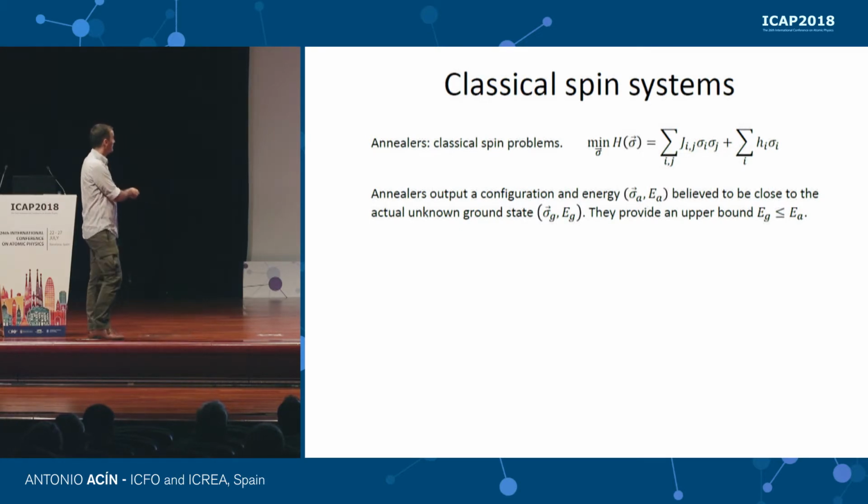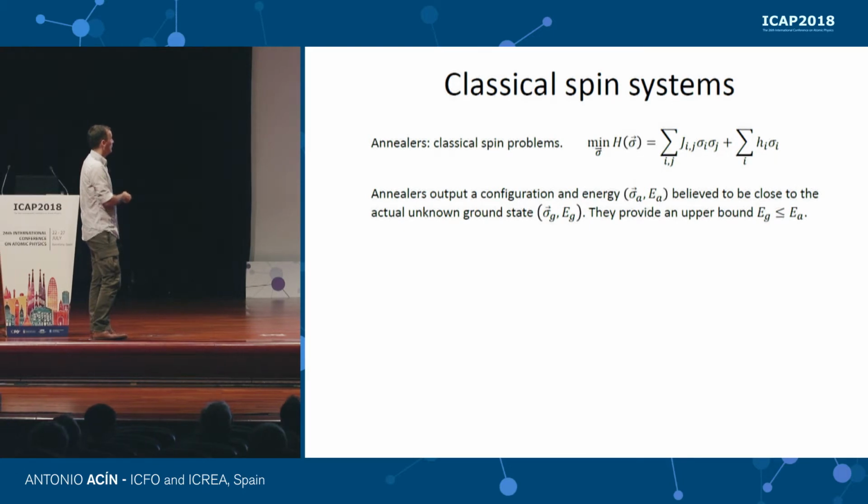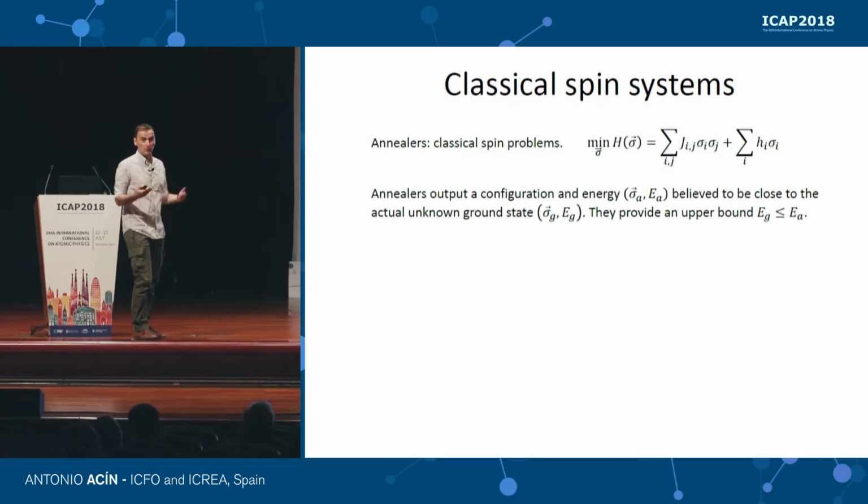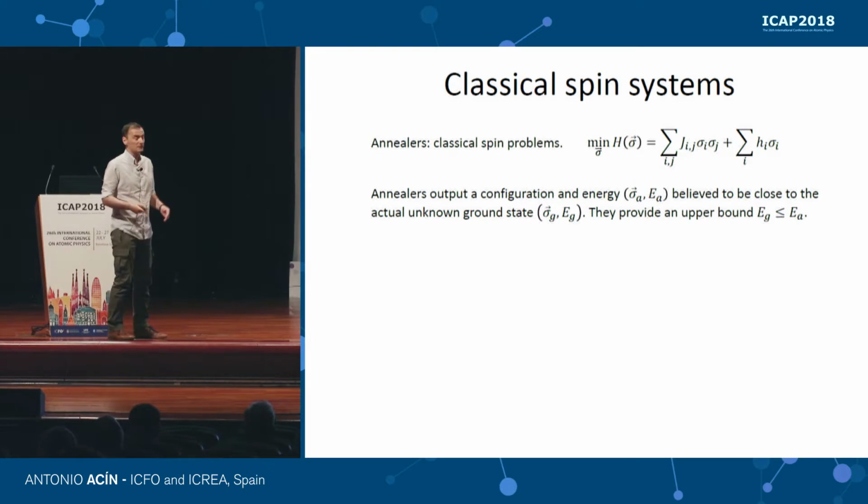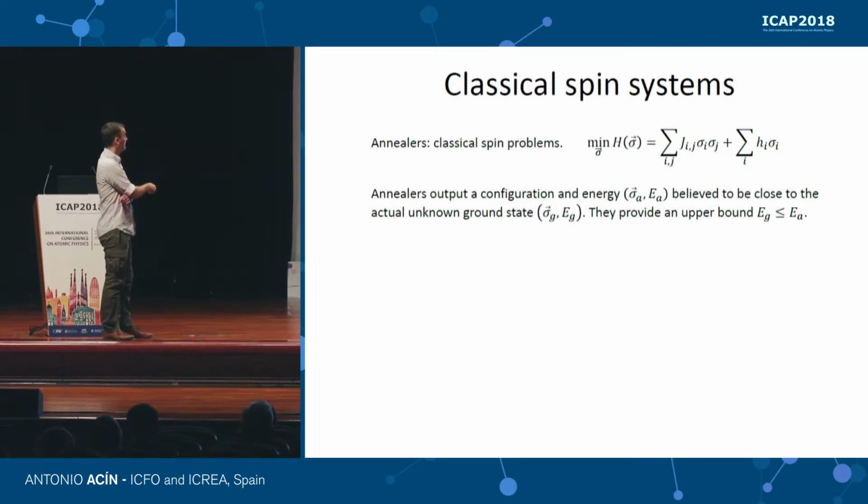So I have a classical spin system with random couplings, disorder, and I want to find a solution. People are proposing the use of quantum annealers to solve this problem. The output of the annealer gives you a state, an energy, and a configuration. We know that this is an upper bound to the ground state energy, which we don't know. All we can say is that the output of the machine is an upper bound to the unknown solution.